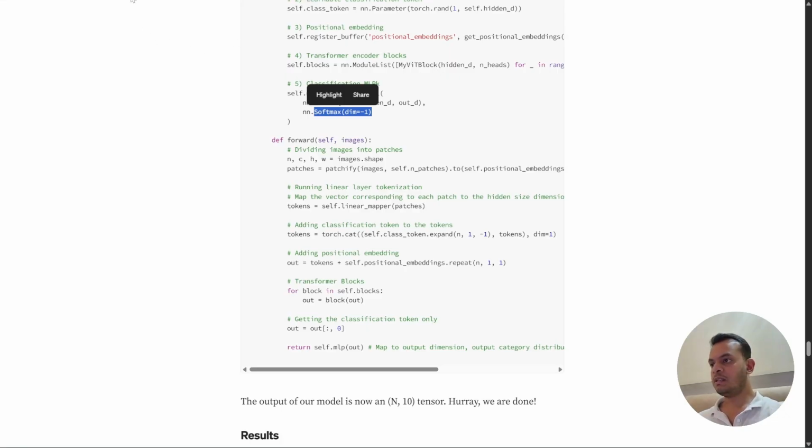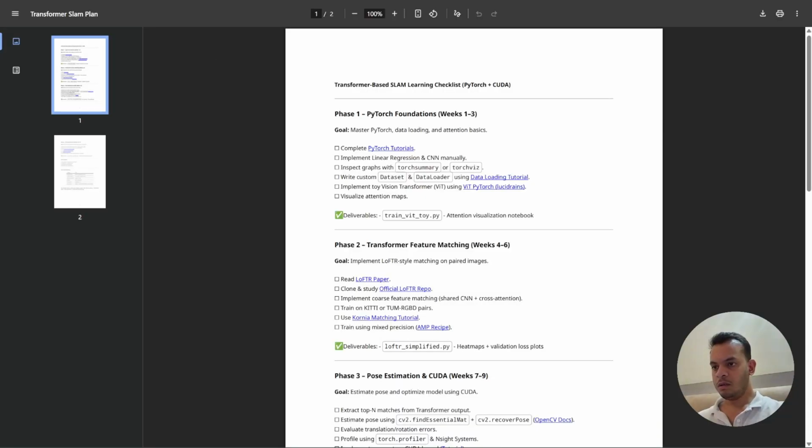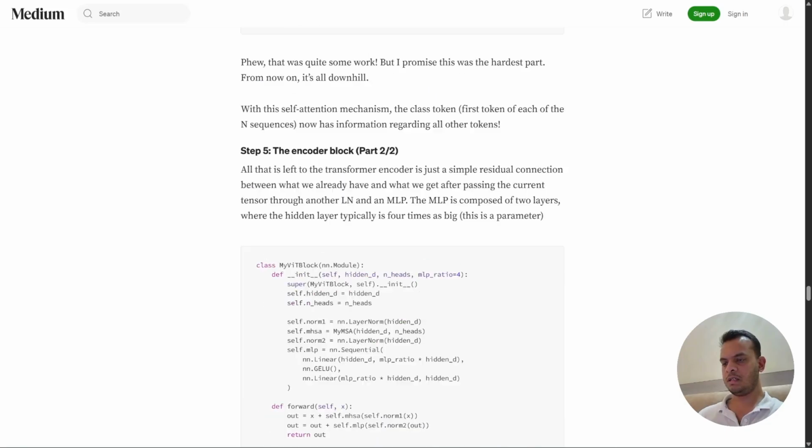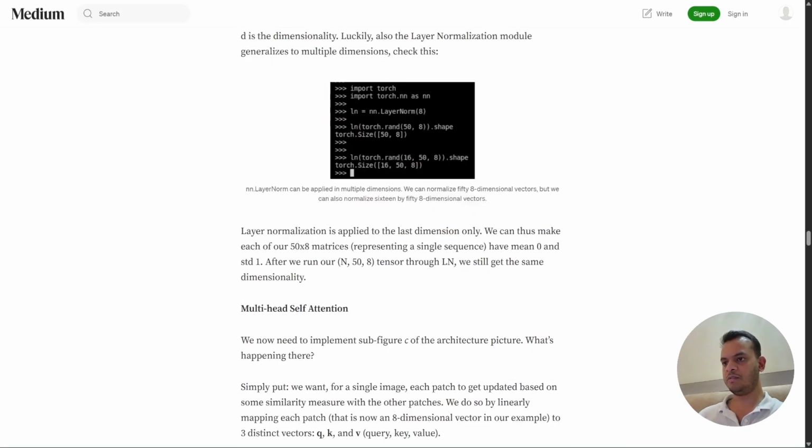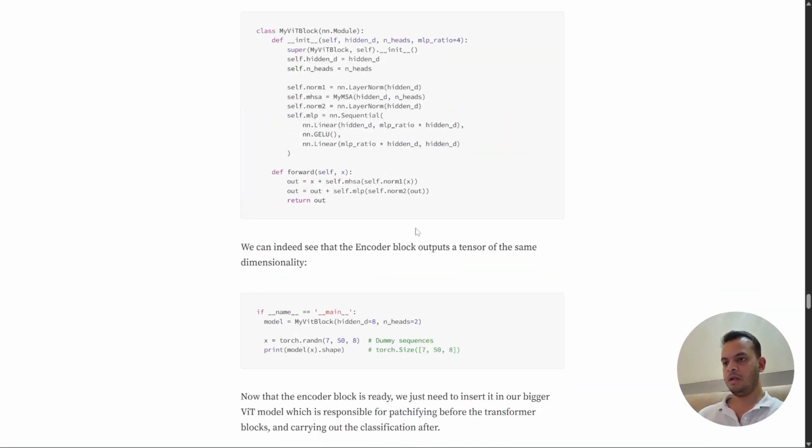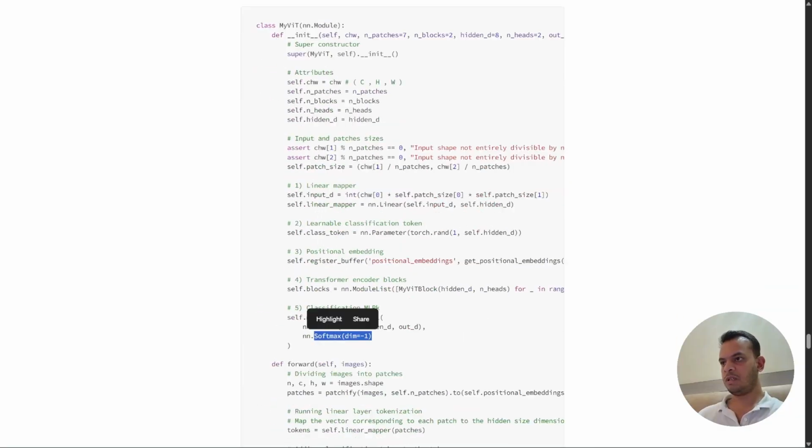Now in the next episode, we will be implementing a small vision transformer. Since we have seen the vision transformer in complete detail, we don't really need to follow this complete big chunk of code, because understanding was mainly important.